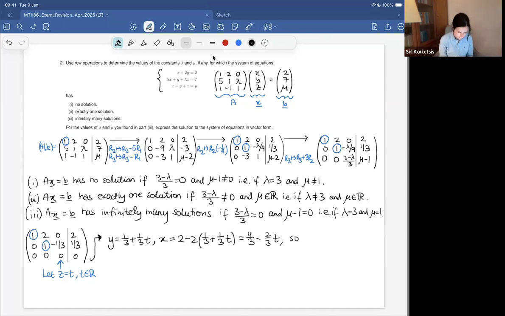And now we can write it in vector form then for x, y, and z. We can write it as a single vector first here. And z is just t.